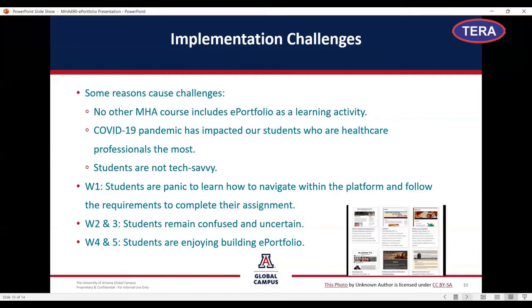As I observed, some students might have anxiety or other mental challenges. Those students might have a hard time focusing and learning new things. They are panicked in week 1 because they are required to learn how to navigate within the e-portfolio platform and understand the requirements to complete their e-portfolio.